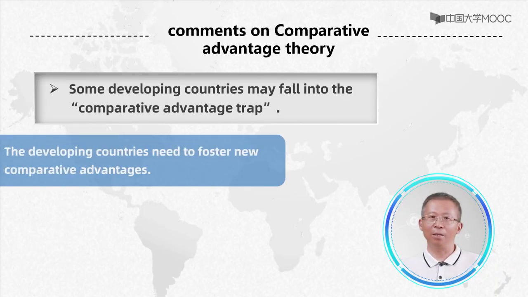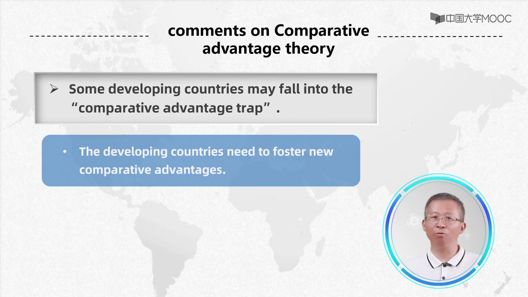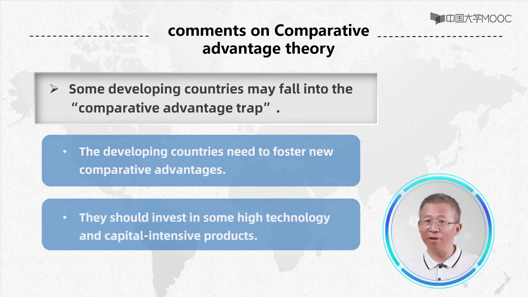Also, they obtain limited benefits from the trade. They are always at a disadvantage compared with developed countries, which mainly export technology and capital-intensive products. So the developing countries need to foster new competitive advantages. They should invest in some high technology and capital-intensive products, and then their trade structure may be improved.